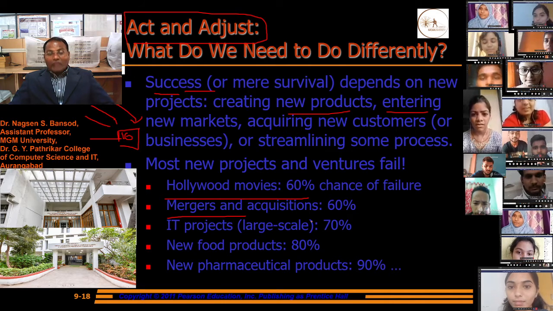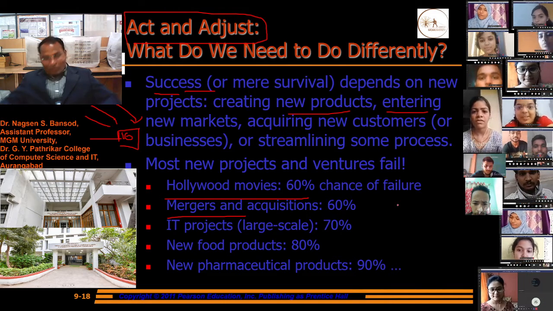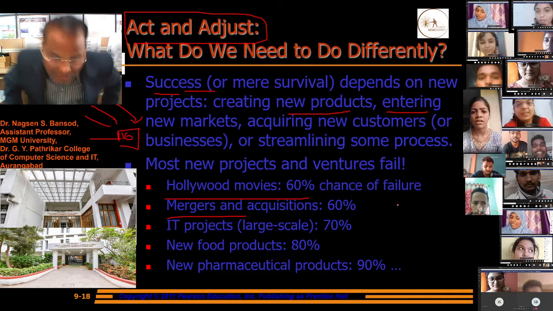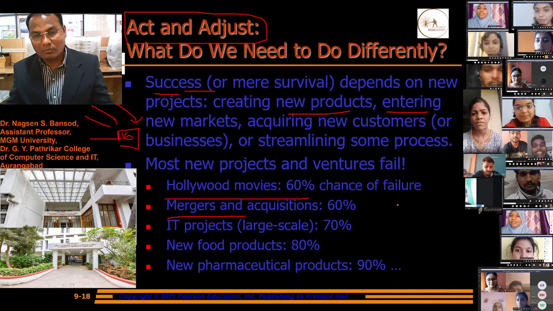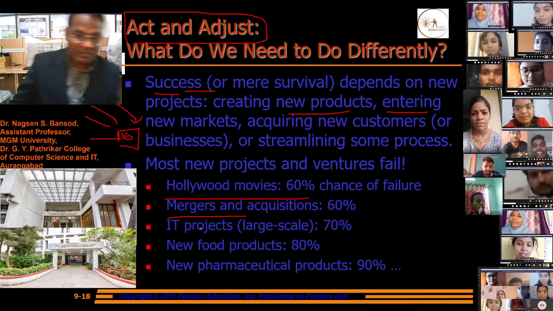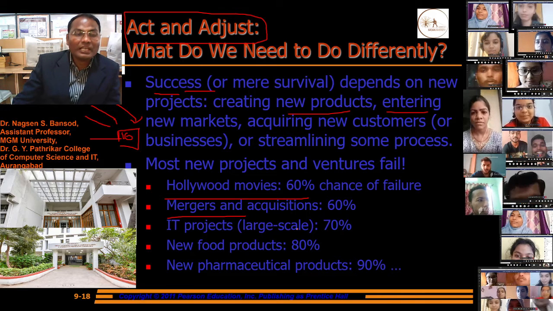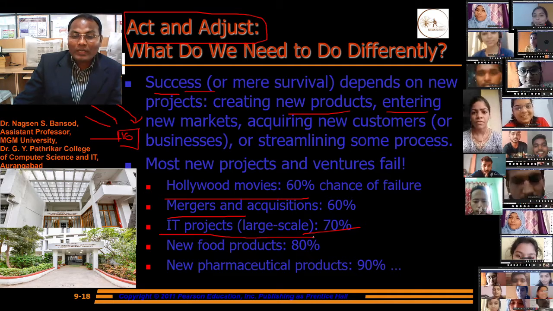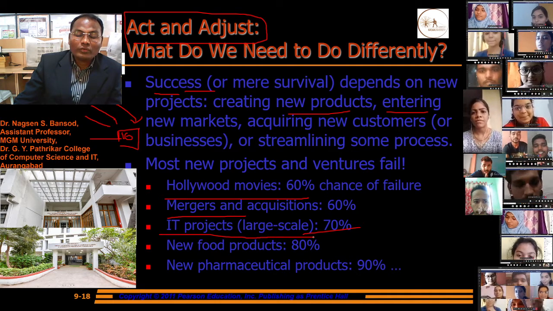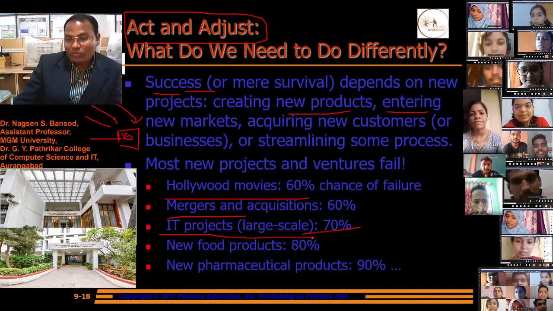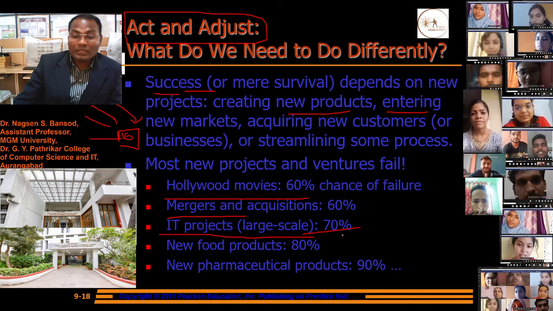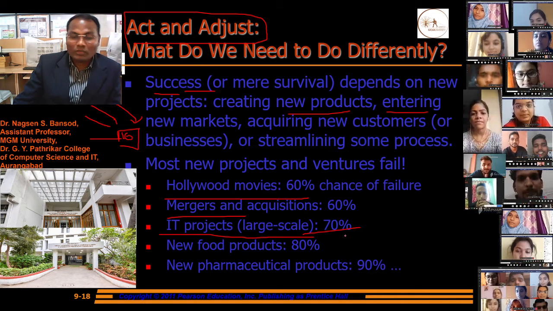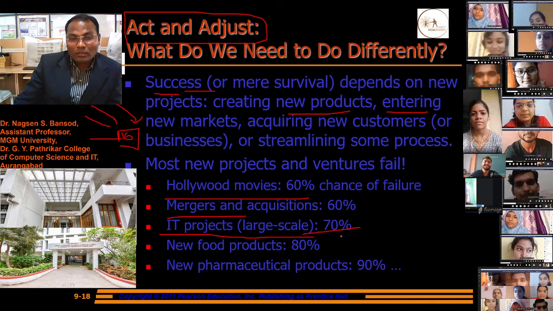Merger and acquisitions, the business acquisition business, 60% failure is there. IT project, large scale IT project, 70% failure is there. When we develop software, when we start the business of an IT product software company, there are 70% chances of failure. Why this failure?